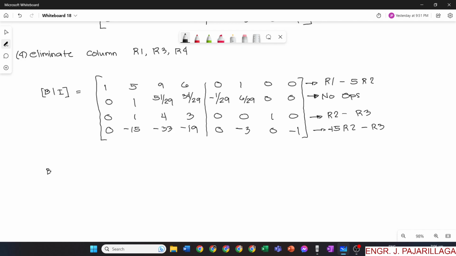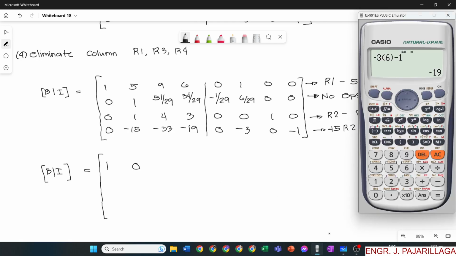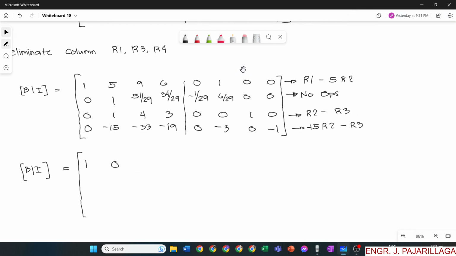You have B augmented to I. So for the first row, you have R1 minus 5R2. 1 minus 5 multiplied by 0 is 1. You have 5 multiplied by minus 1, times minus 1 multiplied by 5, that is 0. Then, calculate na to. Slide lang natin ng konti para makita.